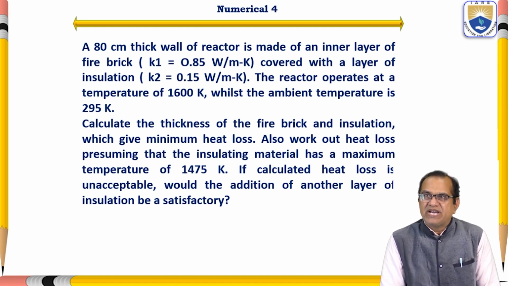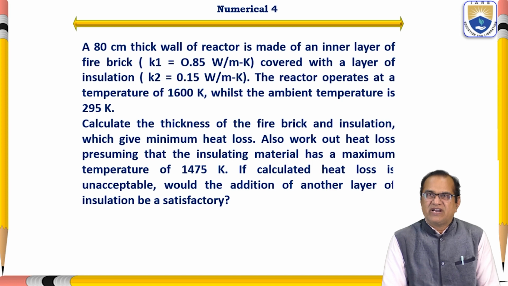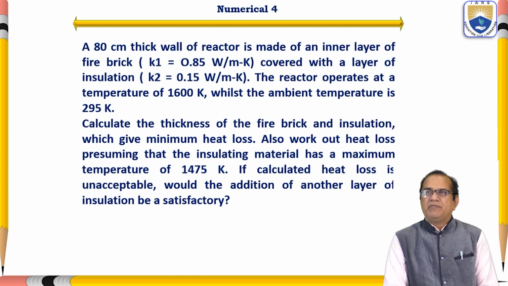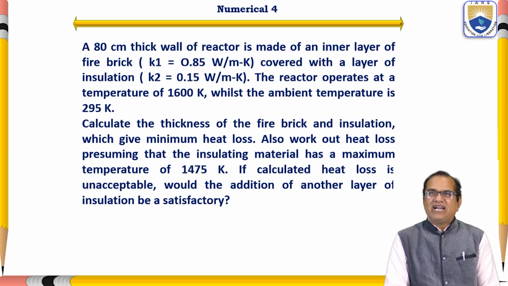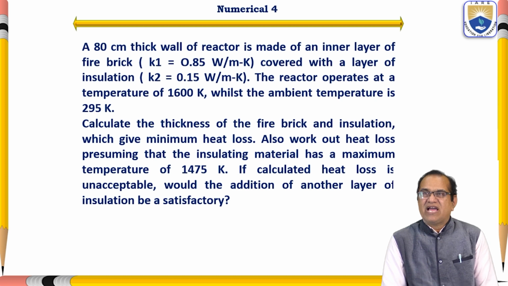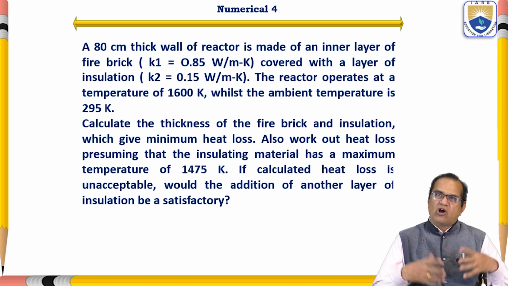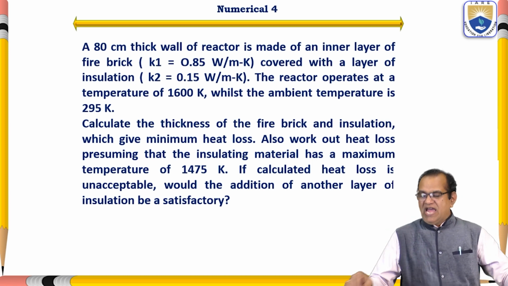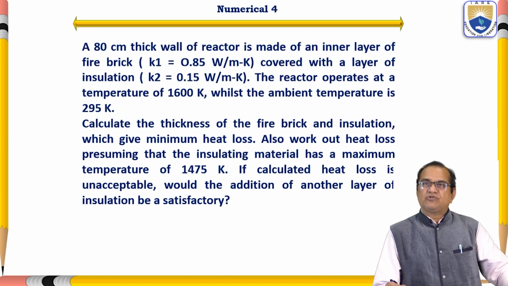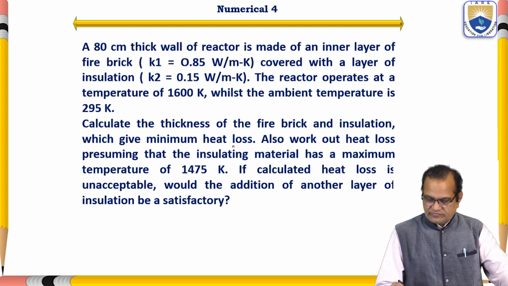The reactor operates at a temperature of 1600 Kelvin, whilst the ambient temperature is 295 Kelvin. So what do we have to calculate? Calculate the thickness of the fire brick and the insulation. We have to find out how much the thickness delta should be for the fire brick and for the insulation, which gives minimum heat loss.